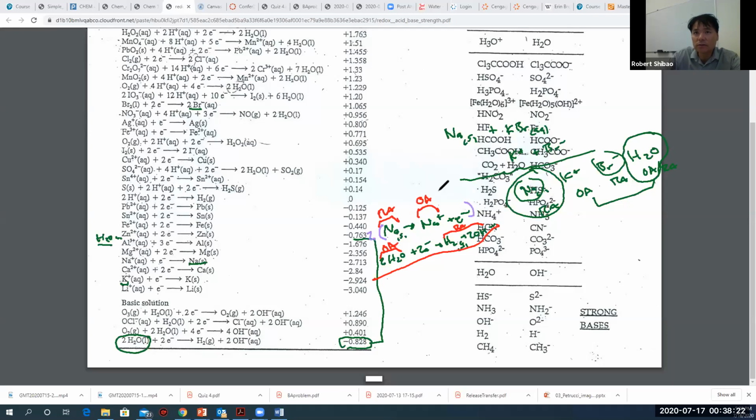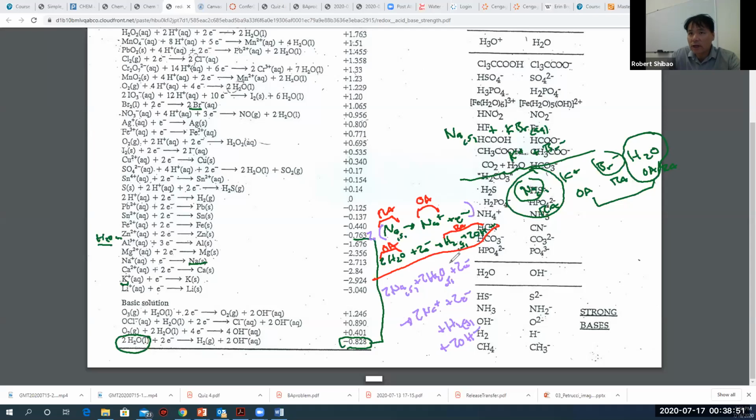When we do that, we get 2 sodiums, solids, plus 2 H2O, liquids, plus 2 electrons on the left. Then add everything on the right: 2 sodium ions, plus 2 electrons, plus H2 gas, plus 2 hydroxides.